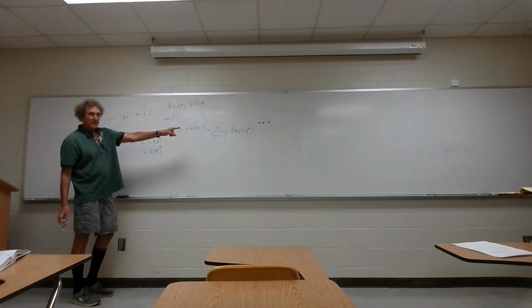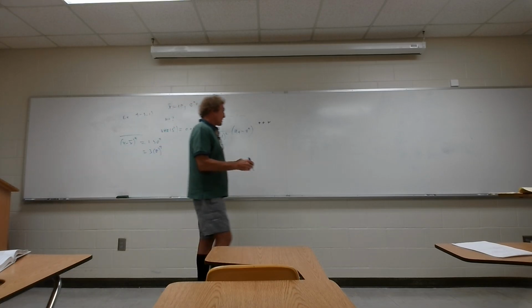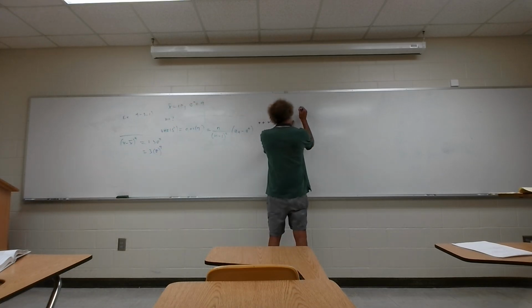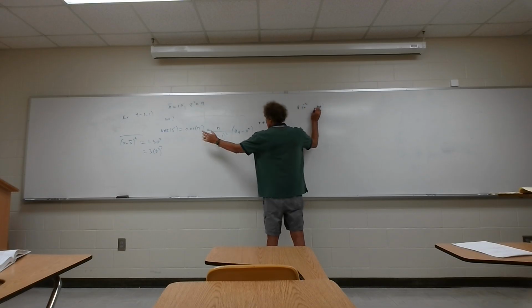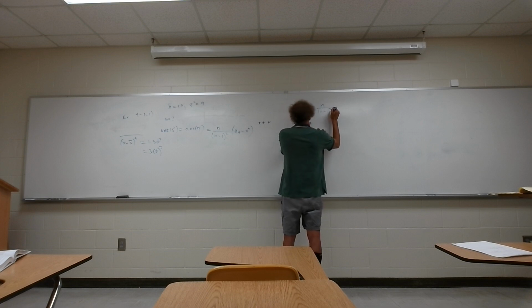Now, if you go over to that right here, now I get really 9 times 10 to the minus 2 on that side, is equal to n over (n minus 1) squared.